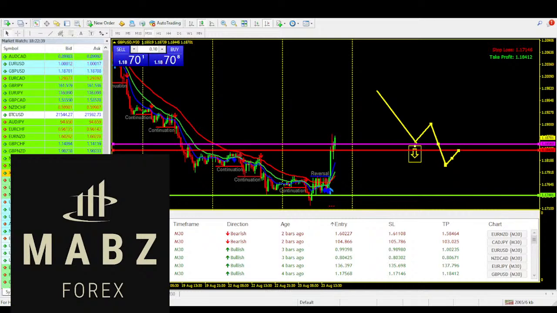But we're not going to go too far. Let's look at the plan, because I like to speak about the plan before we actually get started. So we're going to look at those four: US 30, NAS 100, GU, and EU. If we see nothing there, then we'll just expand it a bit.